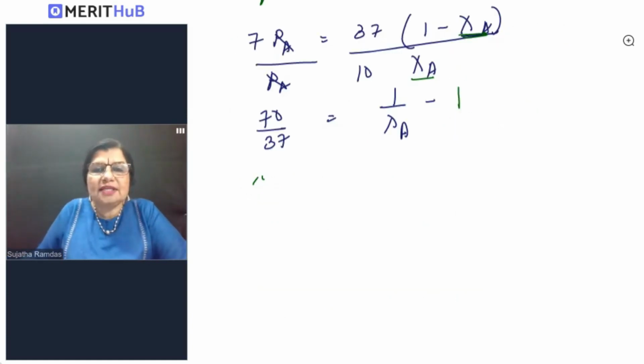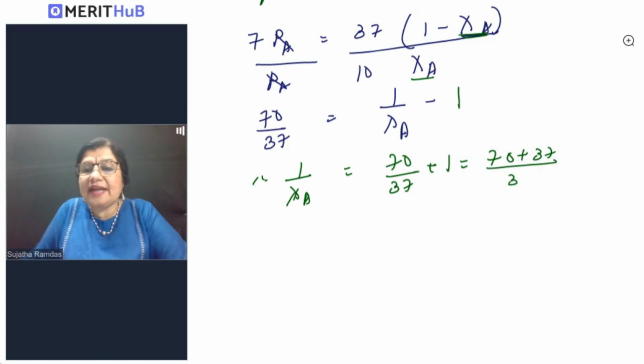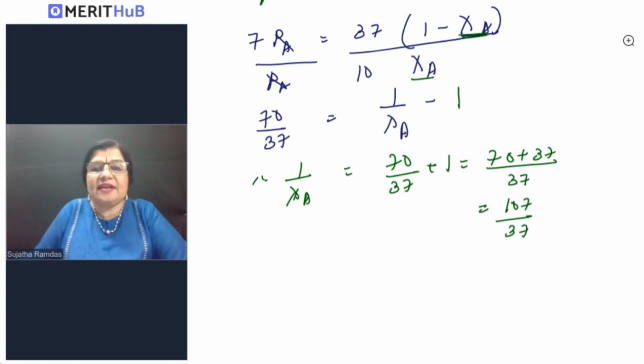Okay, so what is 1 by mole fraction of A? 1 by mole fraction of A would be 70 by 37 plus 1, and that is 70 plus 37 divided by 37, and that is equal to 107 by 37, and that is 1 by mole fraction of A.